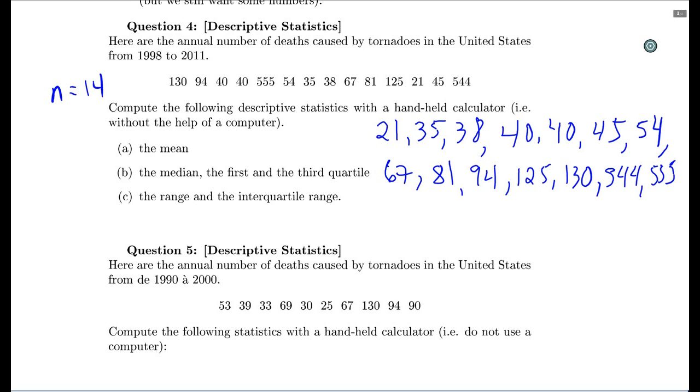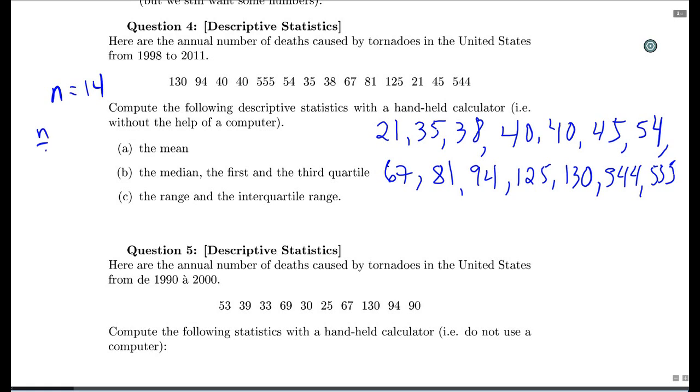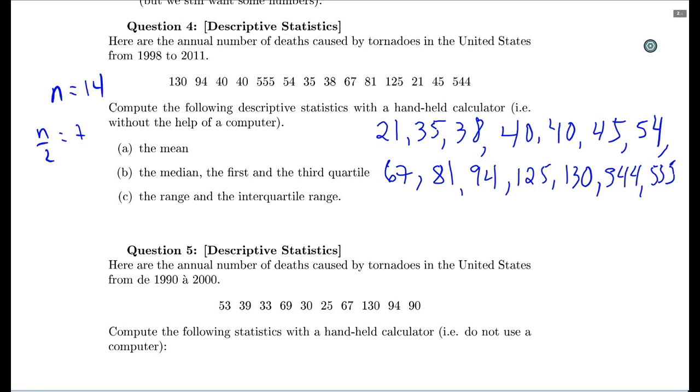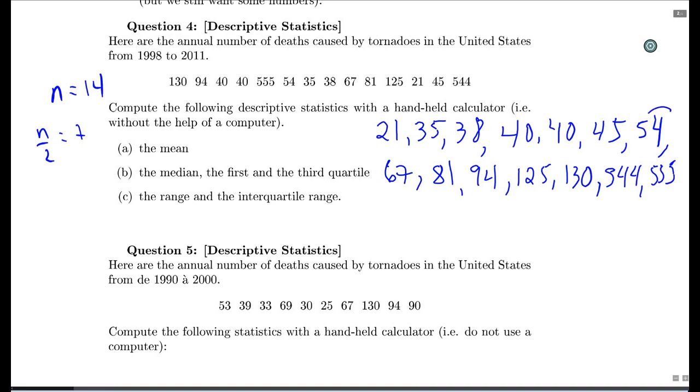And so if we have an even number of observations, to get the center what we need to do is simply divide the number of observations by 2. So in this case, it's 7. And what this means is that we'll have 7 values in the lower group and 7 values in the upper group. And so the center is found between the 7th and the 8th value.